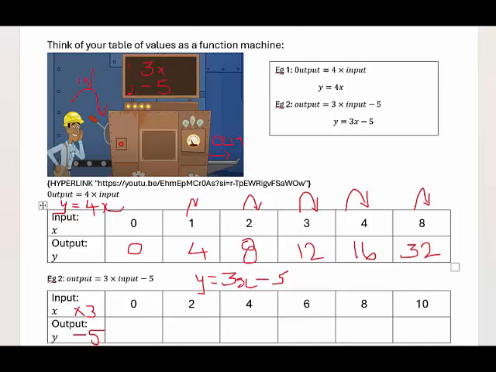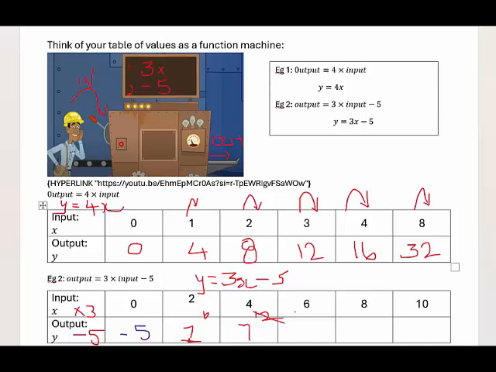So we'll go down here, 0 times 3 is 0, 0 take 5 is negative 5. Okay, the next one, 2 times 3 is 6, you can write it down if you want, 6 take 5 is 1. 4 times 3 is 12. 12 take 5 is 7.